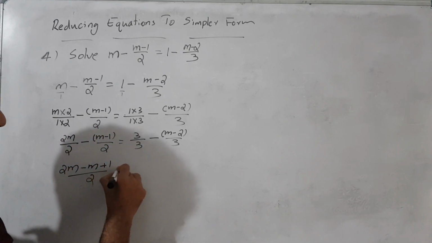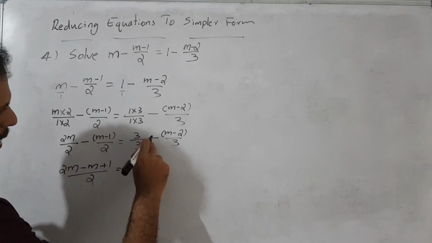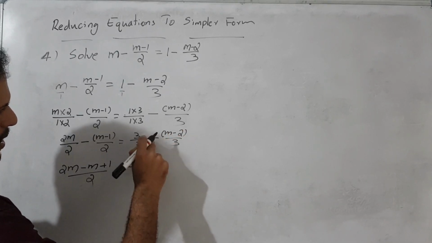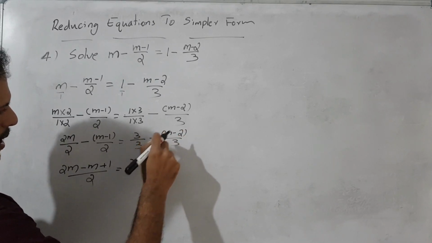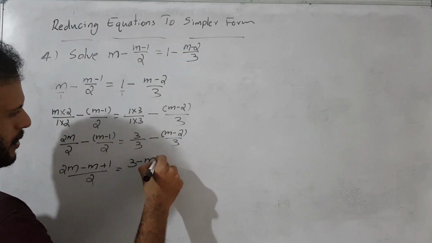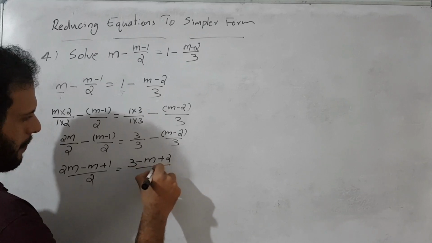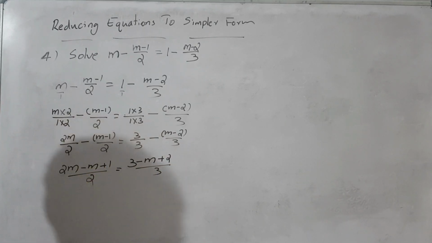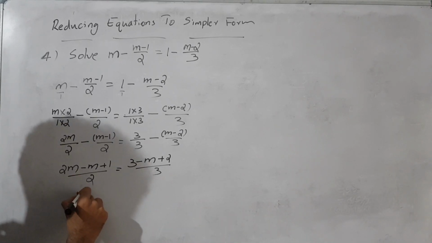Is equal to 3, then expand it, minus into m is minus m, minus minus 2 is plus 2 by 3. Then 2m minus m, what is 2m minus m? 2m minus m is m.